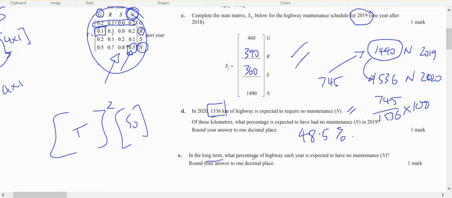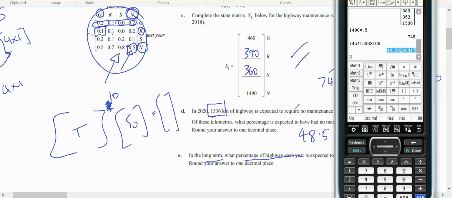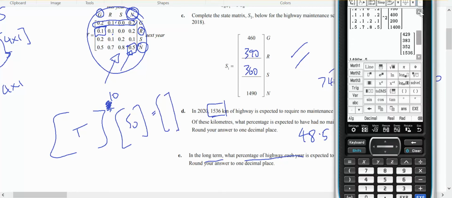In the long term, what percentage of highways each year had no maintenance? So if I did this to a really big number, then it's probably going to be long range. So I come to my calculator and I come up here and I put maybe 10.